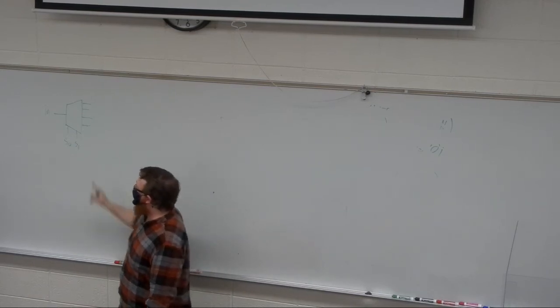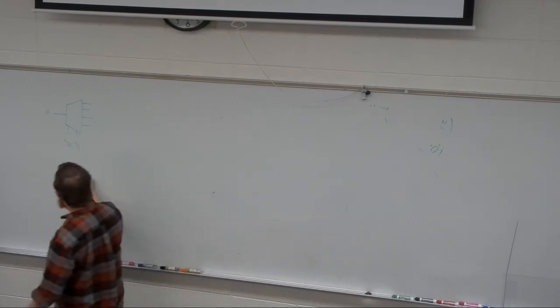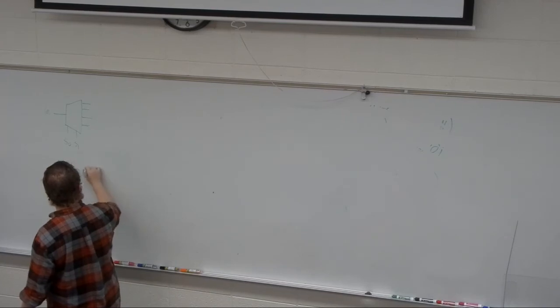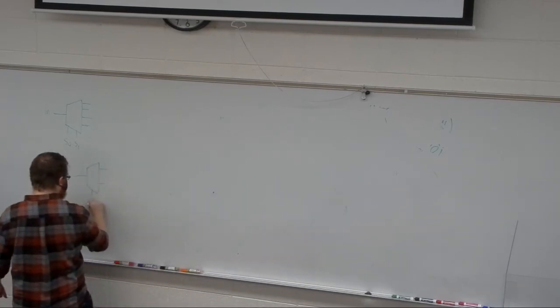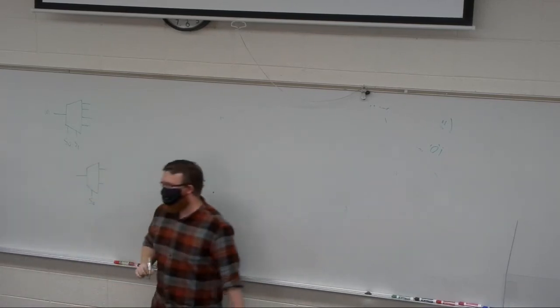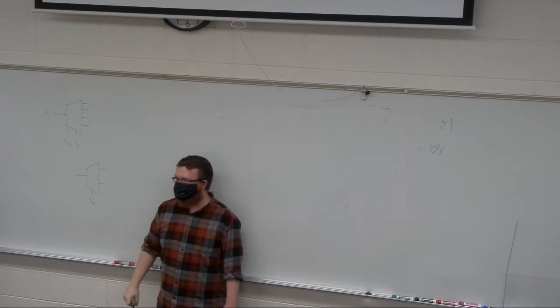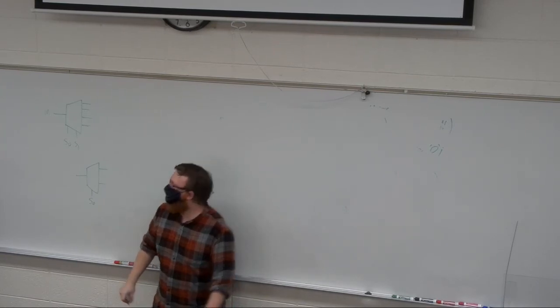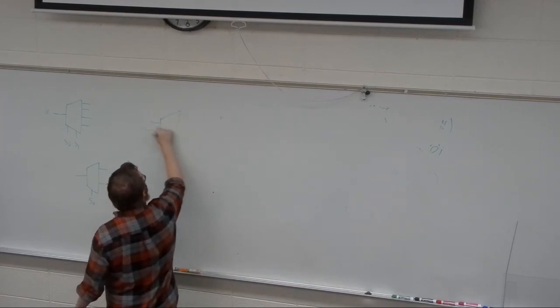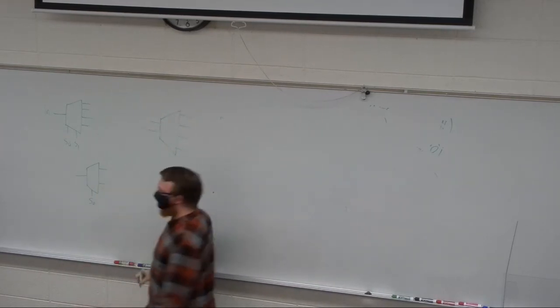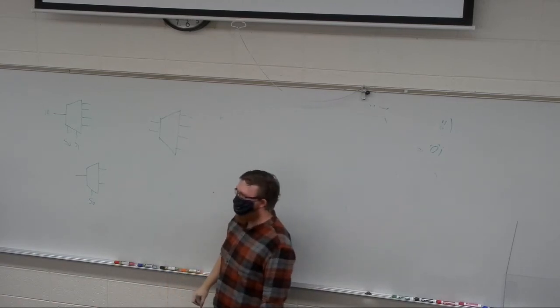Now it's asking you to build this with just these. What does it mean by a 2 to 4 line demultiplexer? Like 2 to 4 out. So you're taking 2 ins.